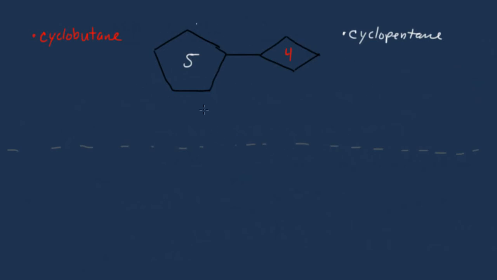We don't need to necessarily number this because we know it's implied that since we only have one substituted group, it will be on the 1 position. So let's put our 1, and then our cyclo, and then this is the part I was referring to. We're going to change the suffix to cyclobutyl, so the YL part. And then we're going to finish it with our parent chain, which is cyclopentane.